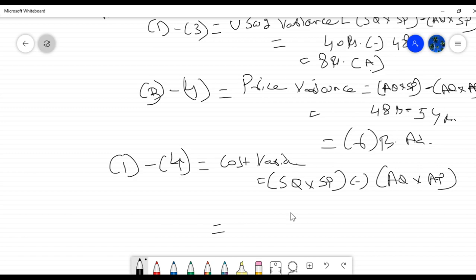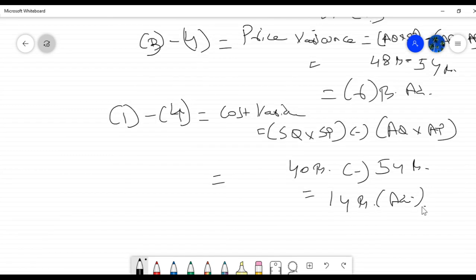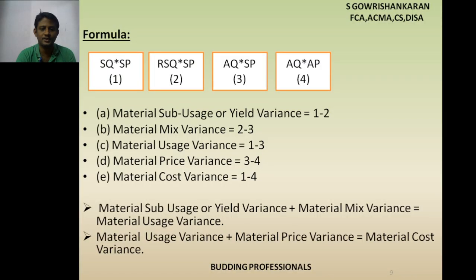Okay, as I said in the PowerPoint, just look at the last bullet point. Material usage variance plus material price variance equal to material cost variance.